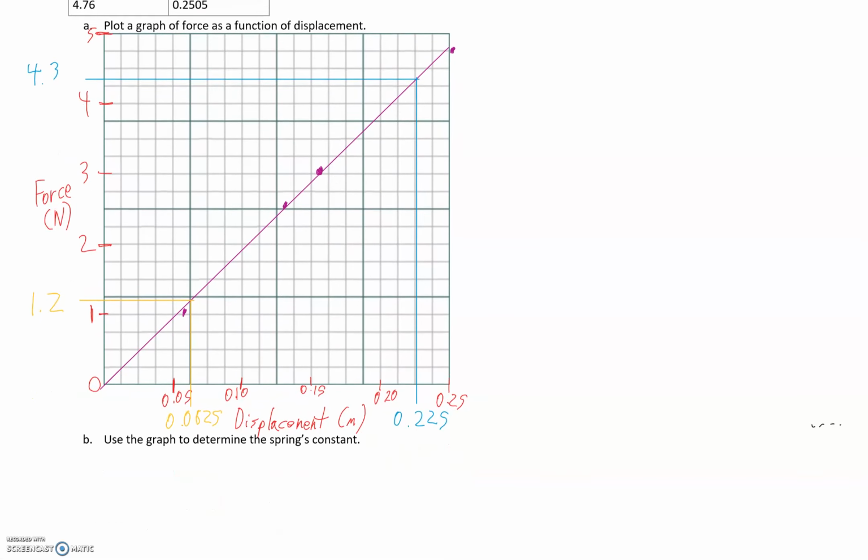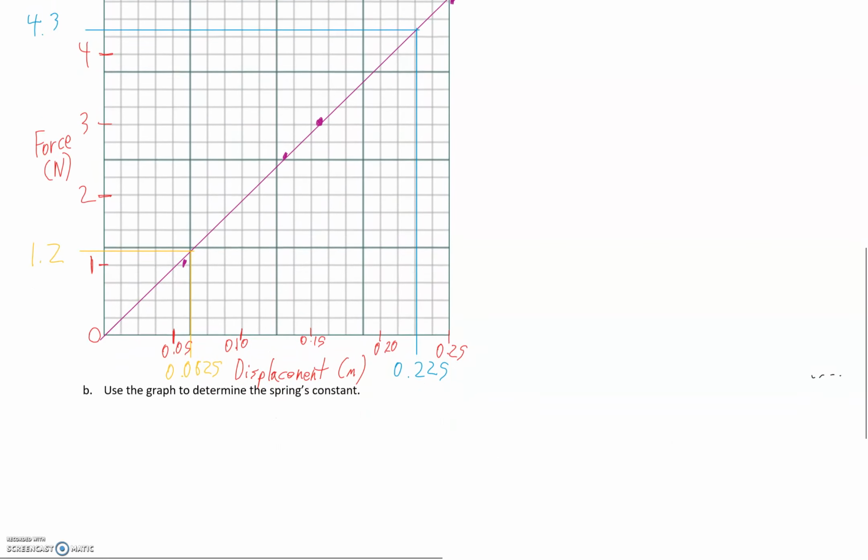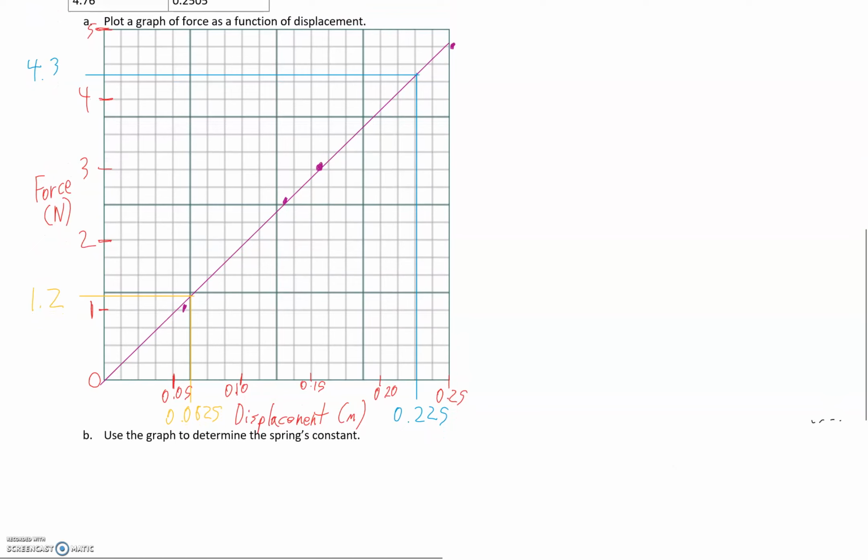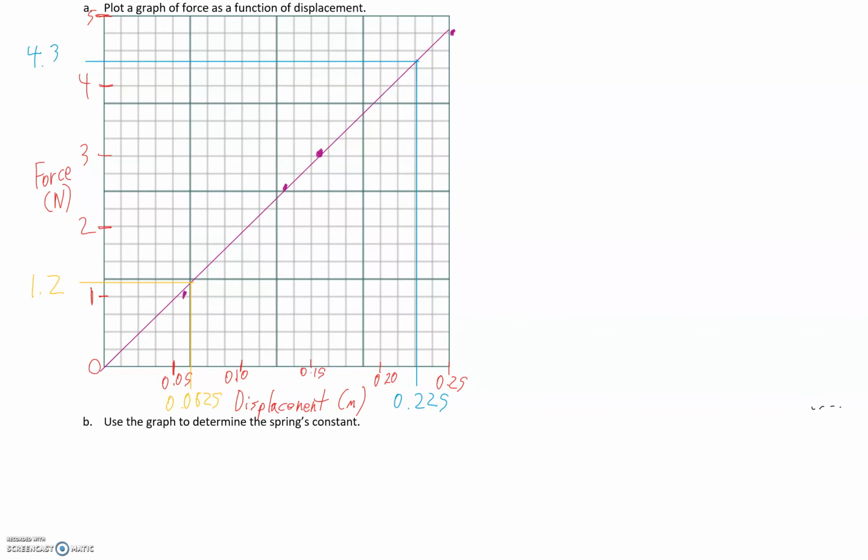So that's important. Oh, I forgot to mention why. Shoot. I should have mentioned why. That's all right. Part B is asking us to determine the spring constant. Well, it's important because the slope we can describe as rise over run.